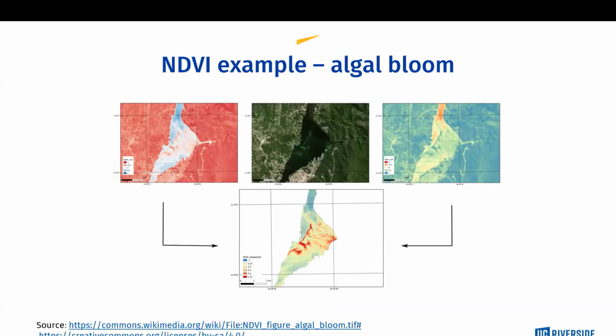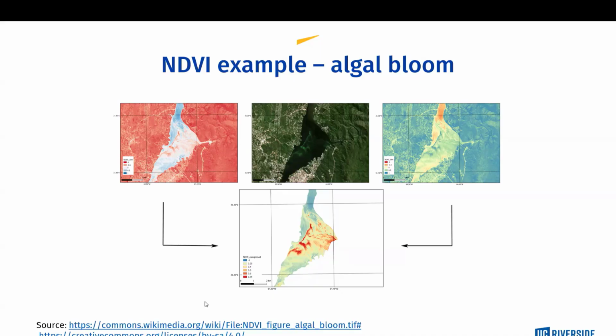This is looking at an algal bloom in a water body. The image in the middle at top is the natural color image, like if we were looking out of the airplane window straight down, we would see something like this. But if we pull out the different bands and take the differences and divide them, a map can be produced that really highlights the extent of this algal bloom that would not be especially noticeable just from the natural color image.